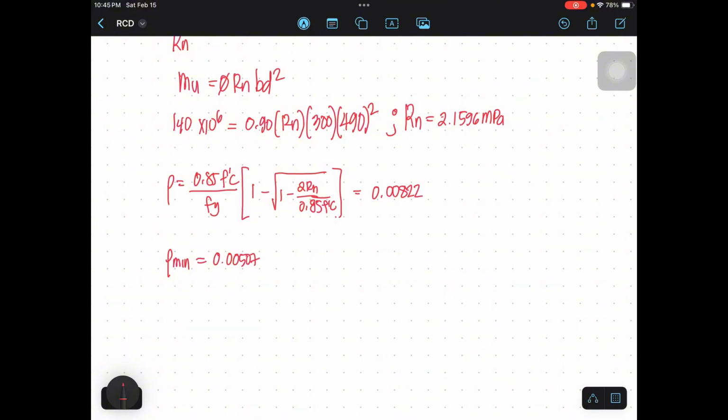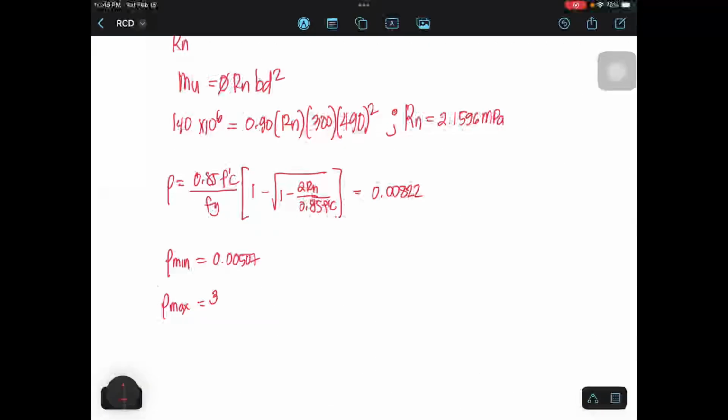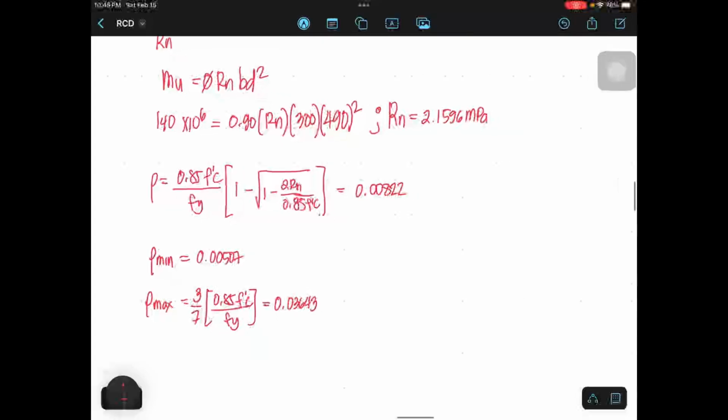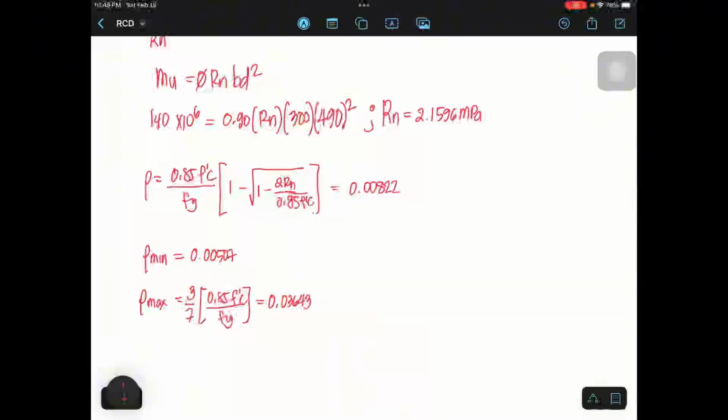Hence, i-check naman natin if pasok naman siya sa maximum, okay, which is yung maximum reinforcement ratio is 3/7 quantity 0.85 F prime C over Fy. So, if we substitute the material properties, makakakuha tayo ng 0.03643, wherein pasok siya sa mga limits natin.